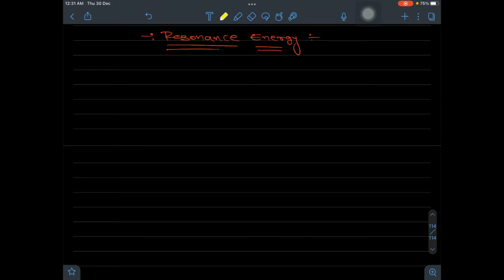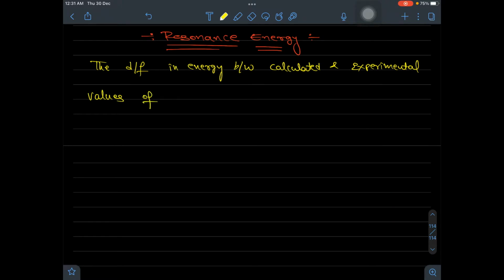First, write the definition. What is resonance? How to calculate resonance energy? The calculation is the difference in energy between calculated and experimental values of heat of hydrogenation.